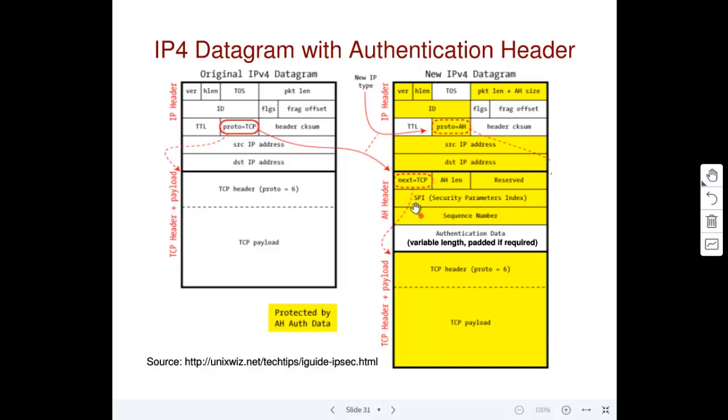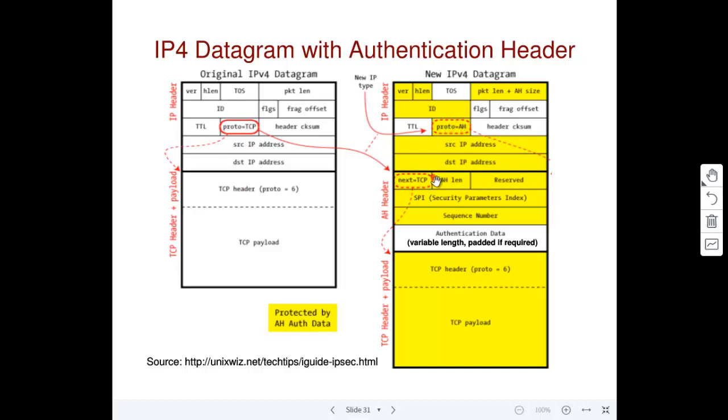Then for that particular security association, as you send messages, each message has a unique sequence number. This sequence number is different from the sequence number used at the transport layer. It is used to keep track of the messages at the IPSec level. Now if you do not use IPSec, the next protocol field is TCP, corresponding to the transport layer header.